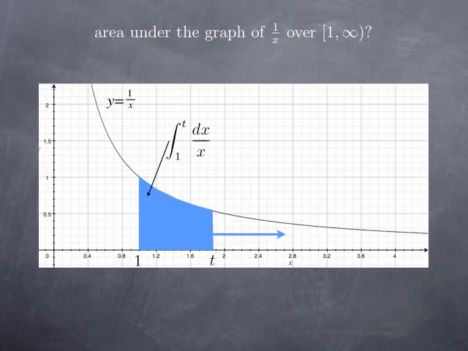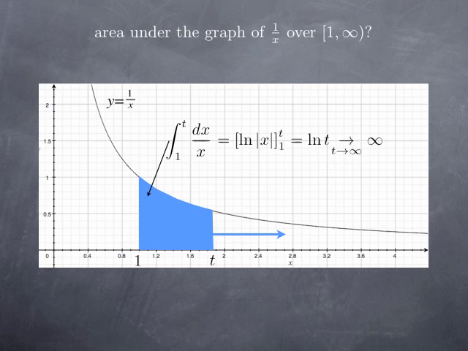So the blue area here is just the integral from 1 to t of 1 over x. 1 over x is continuous on the interval 1 to t, so we can use the fundamental theorem of calculus to calculate this integral. It's just the value of an antiderivative of 1 over x, which in this case would be ln of x, evaluated between 1 and t, so we get ln of t minus ln of 1, ln of 1 is 0, so we just get ln of t.